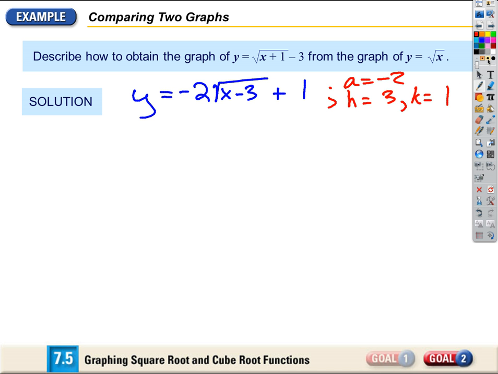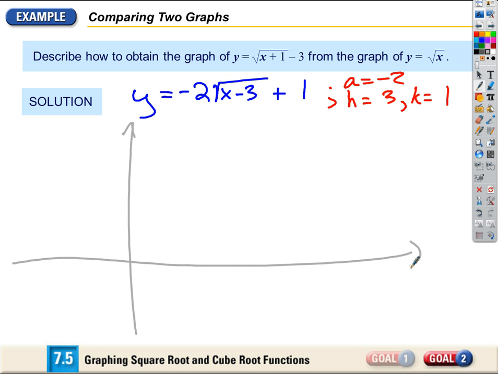Okay, so if we wanted to graph or sketch this, the location of the vertex, or the special point, it's not really a vertex, is going to be 3, 1, right? So we would just go over 3 and up 1, right? Everybody agree? So that's the special point. And what's a equal to? -2.